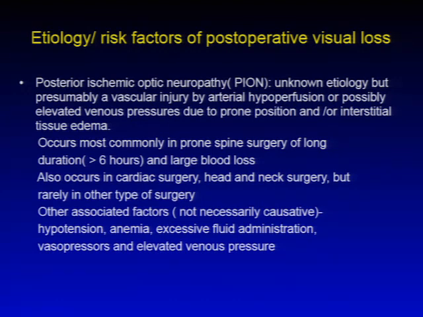It also can occur in cardiac surgery and head and neck surgery, but rarely in other types of surgery. Other associated factors can be hypotension, anemia, excessive fluid administration, vasopressors, and elevated venous pressure.